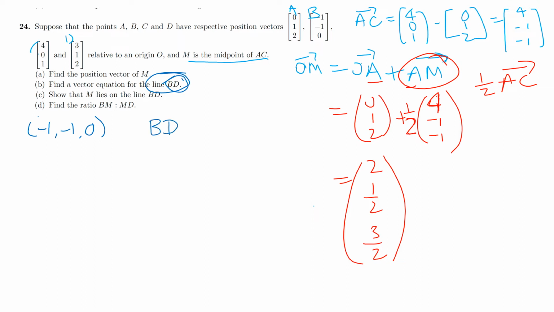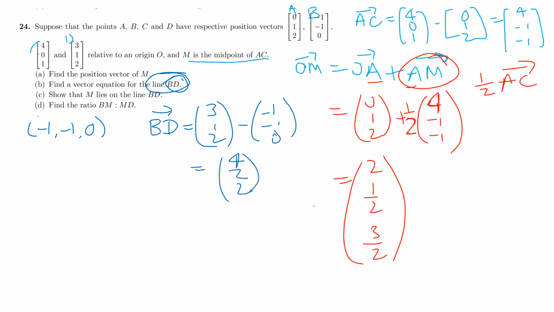So we need BD first. So we've got the direction of this vector. We're going to take D minus B, and we should get 4, 2, that's a 0, isn't it? 2.